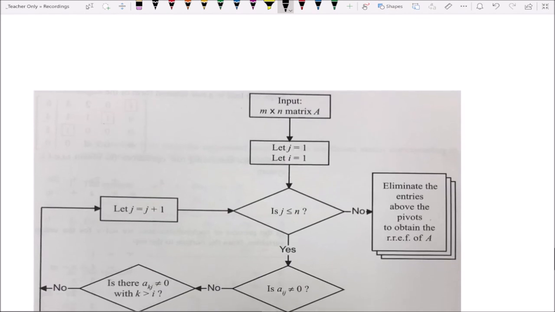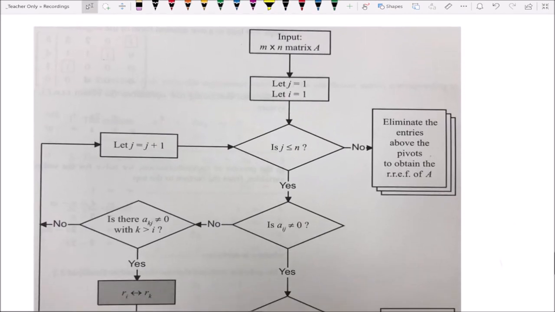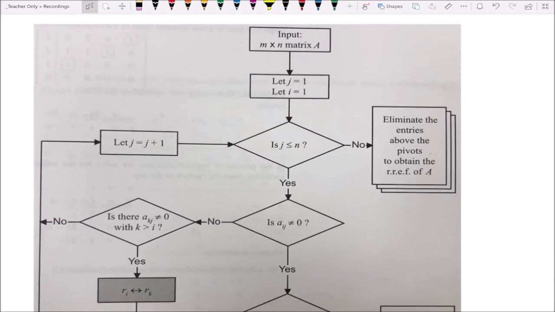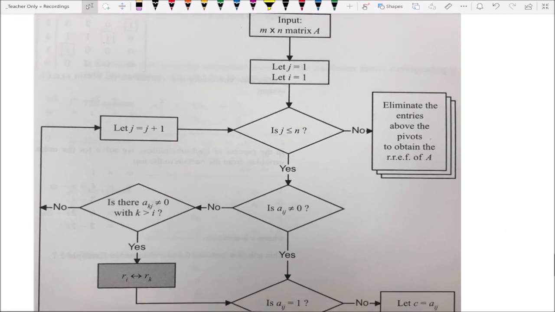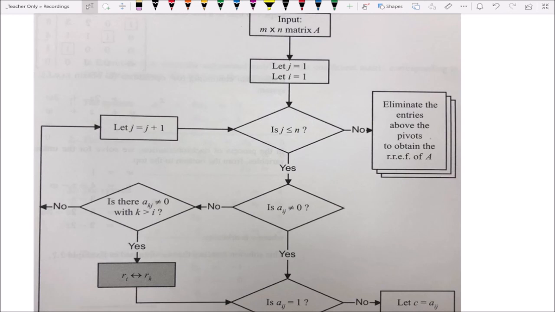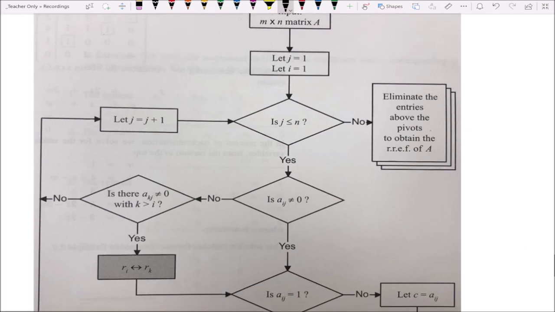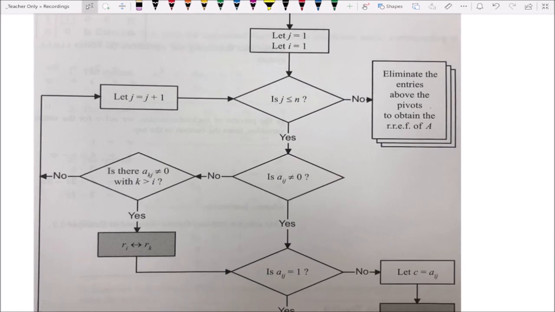And now this flowchart is kind of a summary of what we just did in the proof. Input the m by n matrix A. Let j equal 1, i equal 1. Is j less than or equal to n? If not, eliminate the entries above the pivots to obtain the RREF of A. If yes, is Aij not equal to 0?